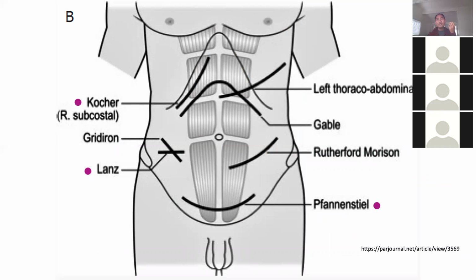And also when we do surgery, or even when you see somebody's tummy and they have a little scar, you can predict what sort of operation they had. So if someone has a little scar in the right iliac region or right lower quadrant, that means they might have had an appendix operation.